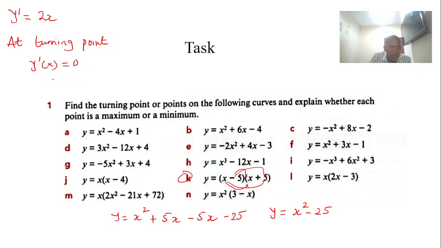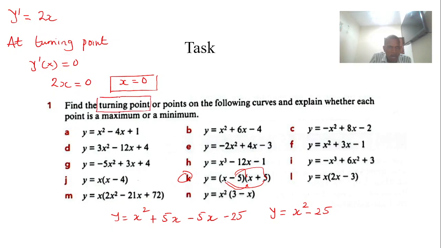Which means your gradient function, 2x, must be equal to 0. So the value of x is 0 divided by 2, that's 0. Wow, this is a special case.